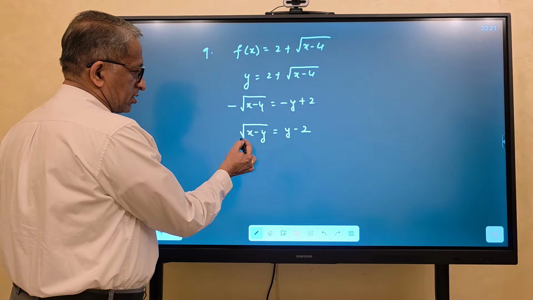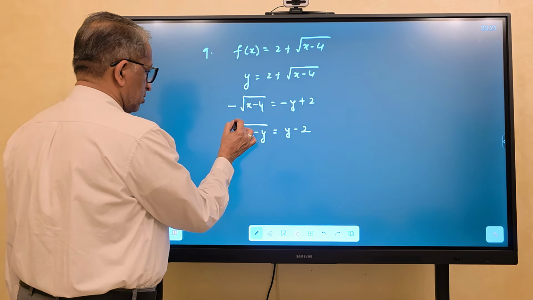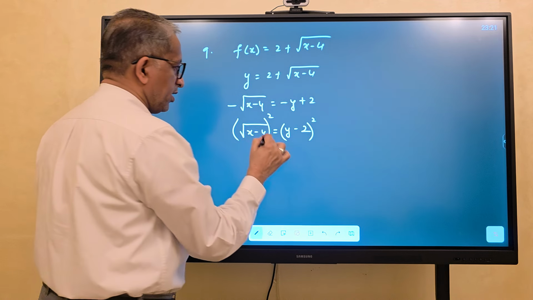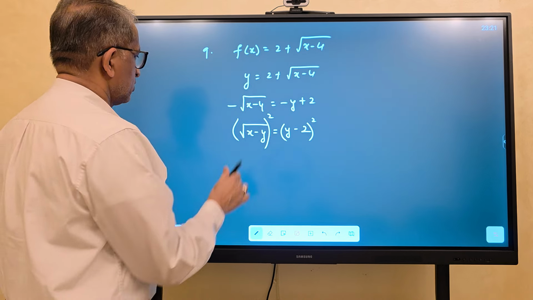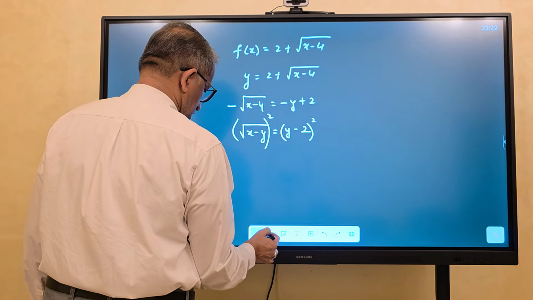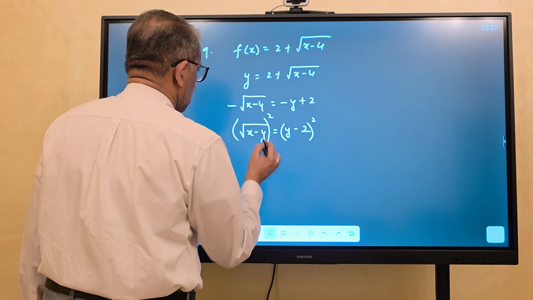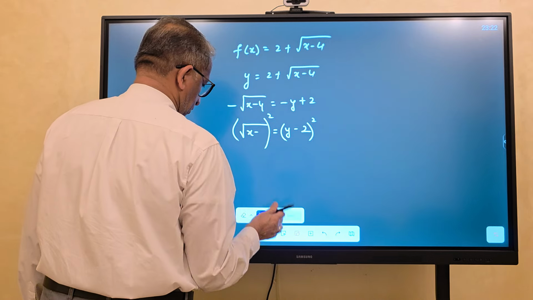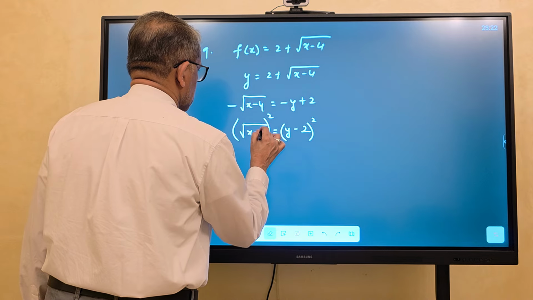I have to remove this square root, so I square both the sides. Sorry, this is 4.